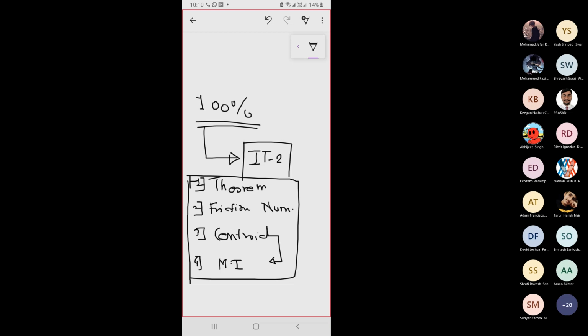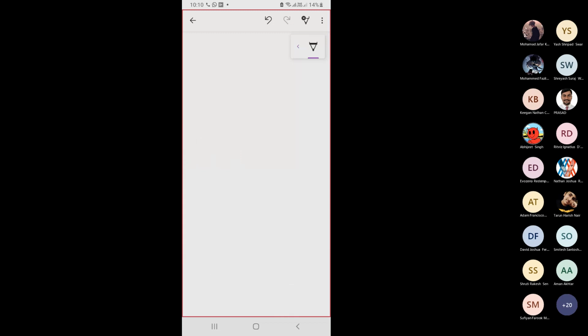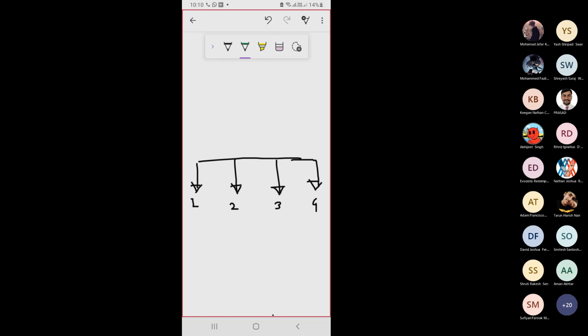Try to concentrate on the third and fourth modules also, because those are theory modules. Now you decide in which field you are expert.